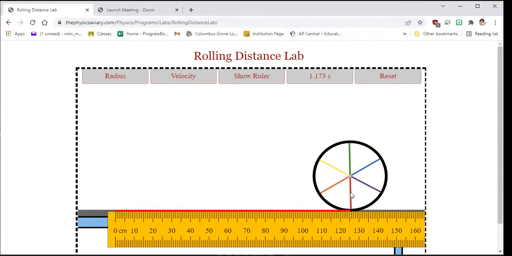Now, what do you think is going to happen if I shrink this down, like, what if we were looking at the particle that was halfway between the center and the edge? So if it had a 1/2 radius, what do you think we're going to see on this ruler if I shrink that down? Well, make your prediction while I reset.